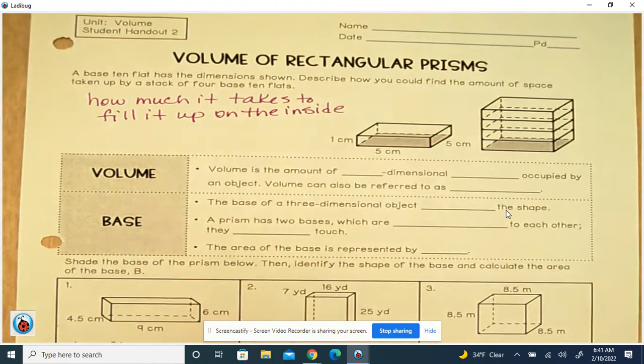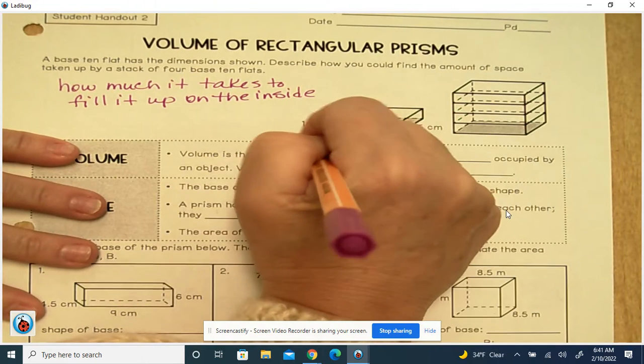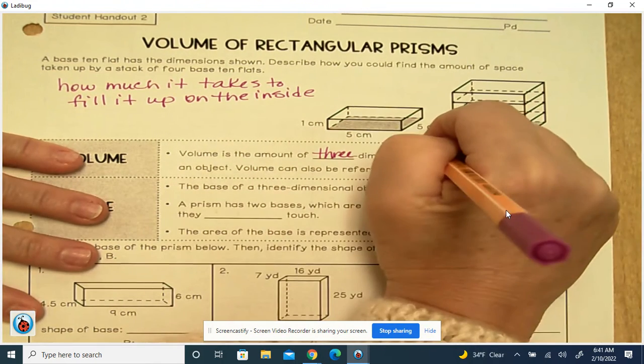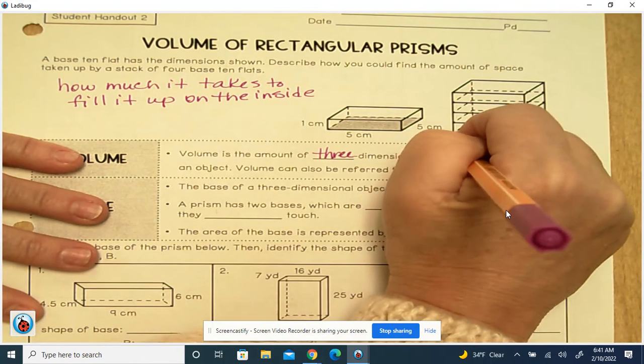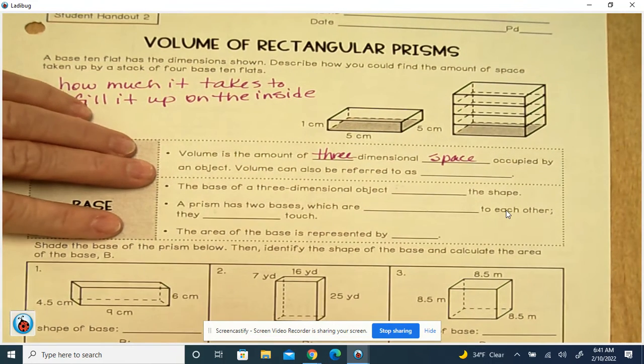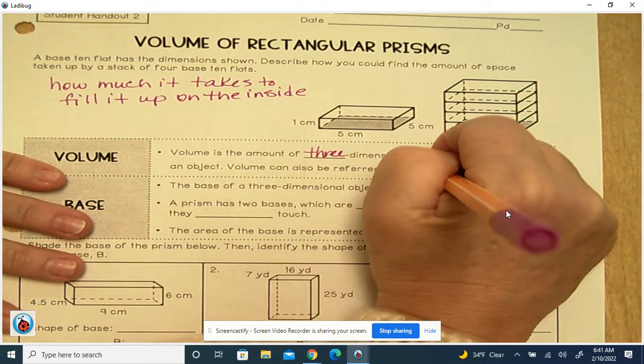How much it takes to fill it up inside. Volume is the amount of the three-dimension space occupied by an object. Volume can also be referred to as capacity, how much it holds.